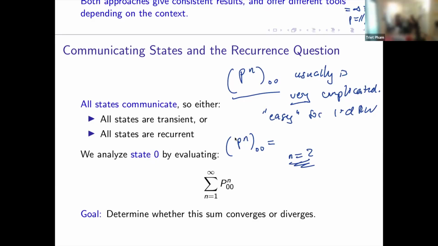It should be 2p times 1 minus p. Do you agree?